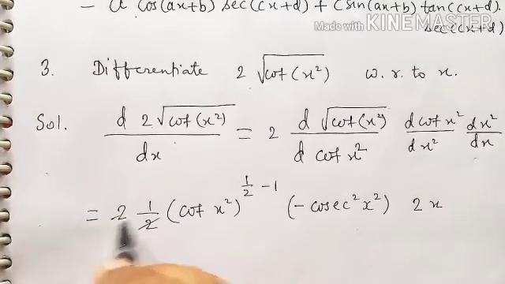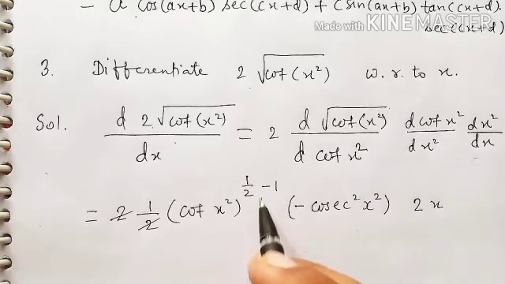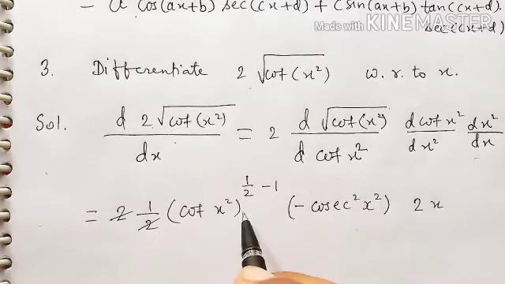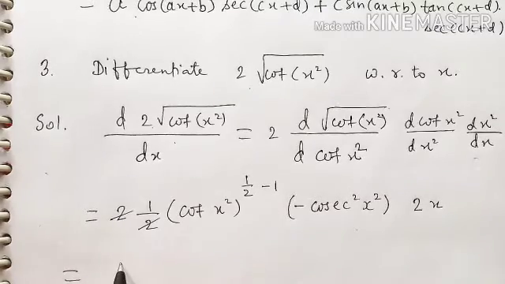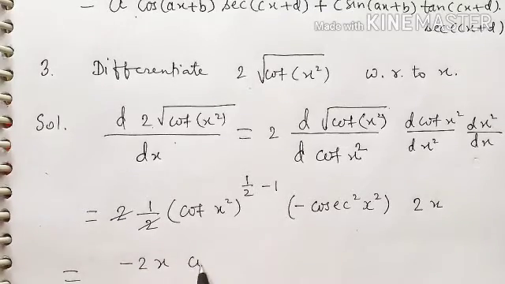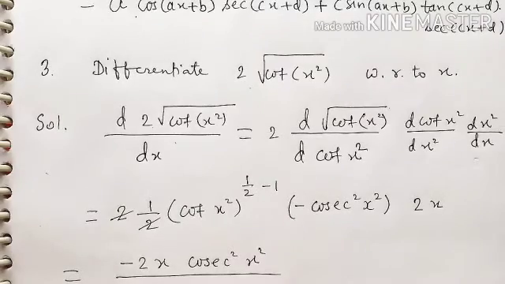Here 2 is cancelled. Here minus 1/2 occurs. So we can write minus 2x cosec² x² divided by square root of cot x².